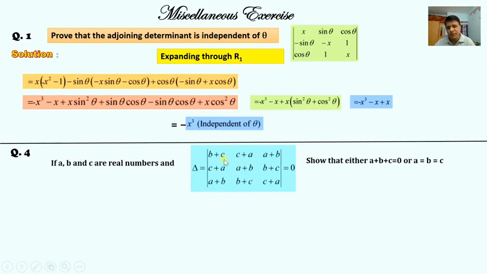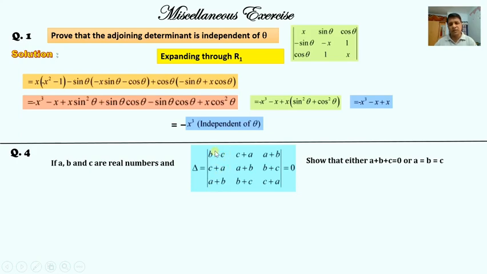Before that, you need to think over here. Look at this column in R1: B plus C. B how many times? Two times, it is coming in first and third. C in first and second row, and A in second and third row. So if we add these three together, then what will happen?